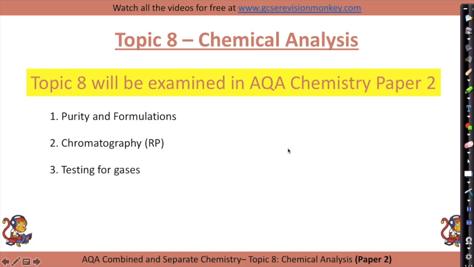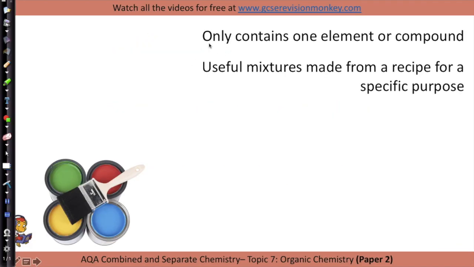In the next topic we're going to talk about purity and formulations, chromatography, which is another required practical, and testing for gases. First of all, something that only contains one element or compound is called a pure substance. So for example, you could have a pure substance sample of oxygen, maybe a jar containing only oxygen molecules and nothing else.